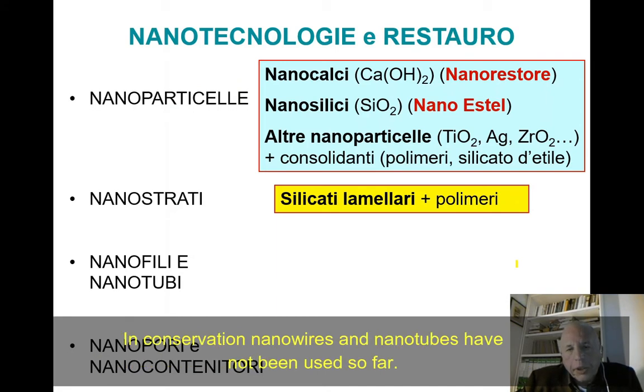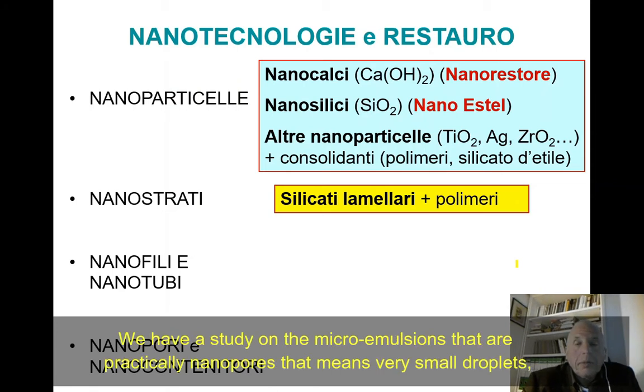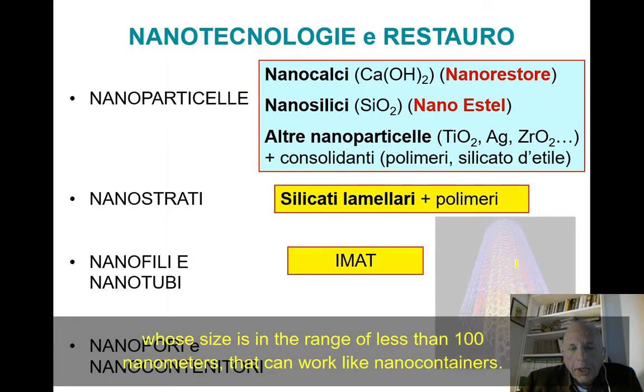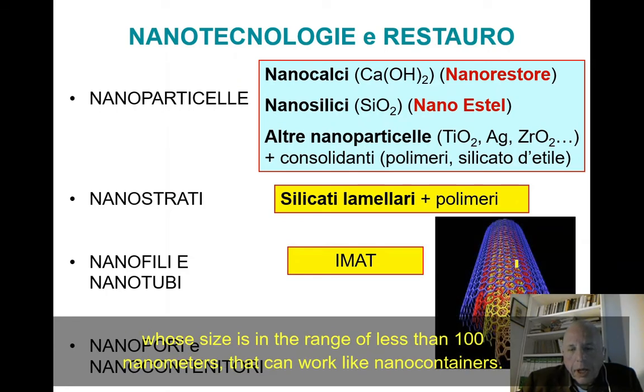In conservation, nanowires and nanotubes have not been used so far. We have a study on the microemulsions that are practically nanopores, that means very small droplets whose size is in the range of less than 100 nanometers, that can work like nanocontainers.